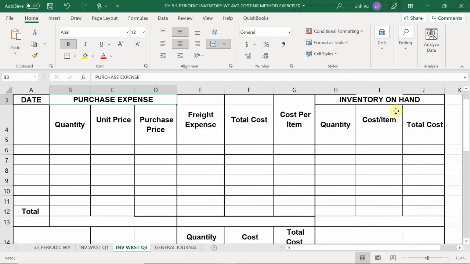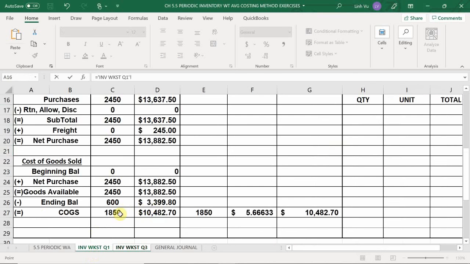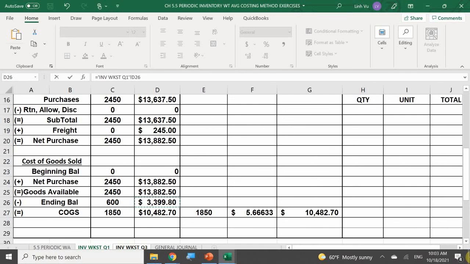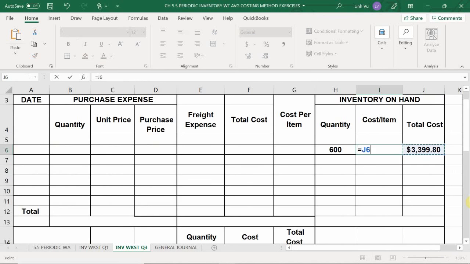So in this case, here's my inventory on hand, right? I have 600 units at a grand total cost of $3,399.80. Okay. Now this is where you can also solve for your average cost per item, just because this is what I had earlier in my previous inventory worksheet, that it was 5.6666333, right?